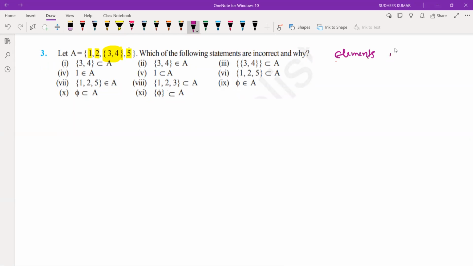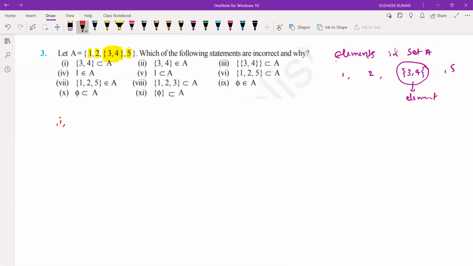So 1, 2, the set of 3, 4, and 5. The set of 3, 4 will not be considered a set, we will consider it as an element. And 5 is separately one more element. If it is clear about this set of 3, 4 as an element, then we can easily answer these questions.